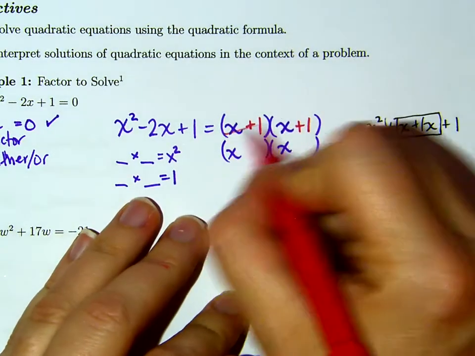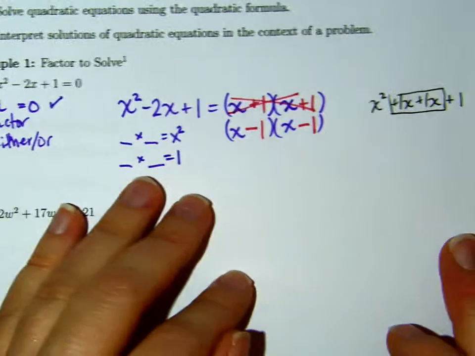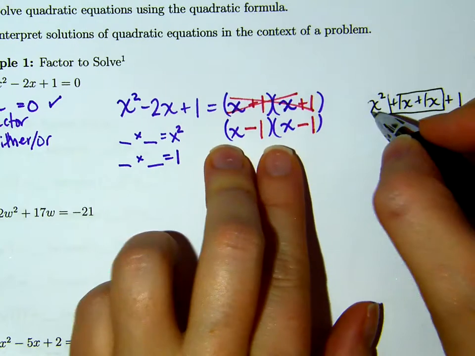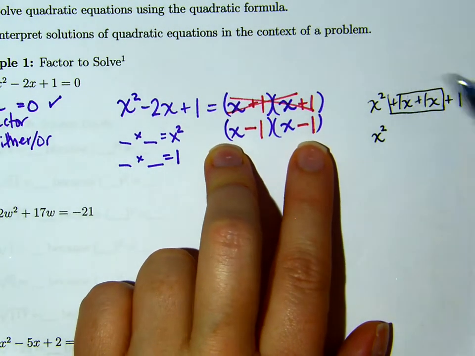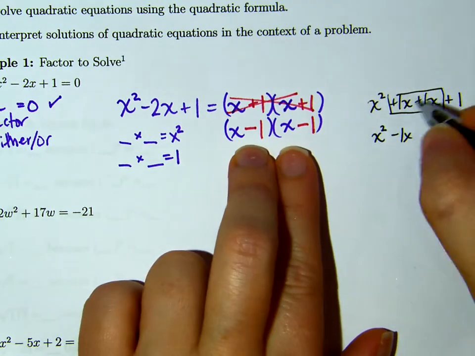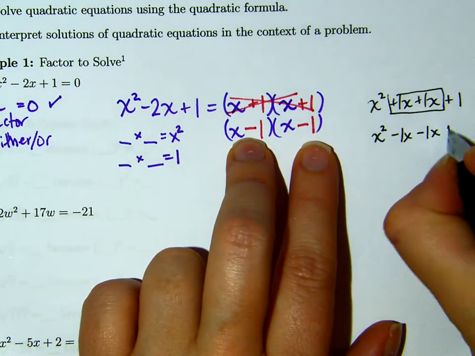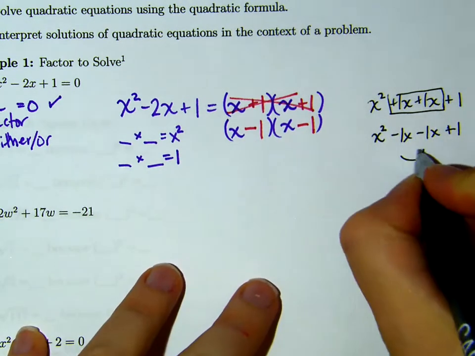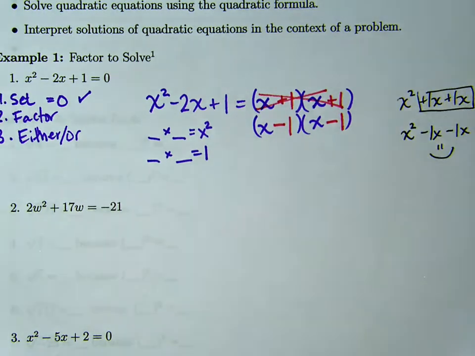So that's out. Switch and check. x by x is x squared. x by negative 1 is negative 1x. And again, another negative 1x. And negative 1 by negative 1 is positive 1. That works. So, yay, we have factored it.